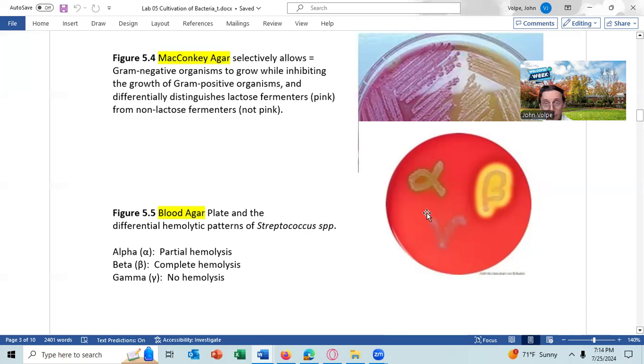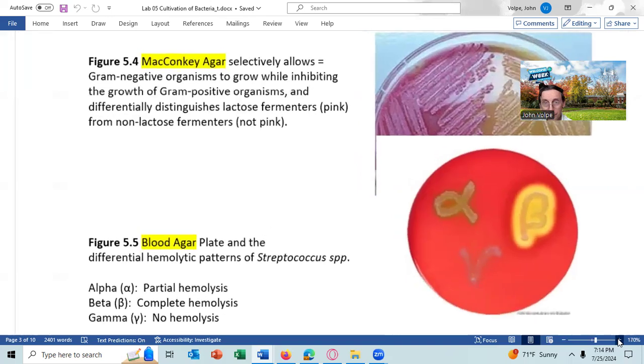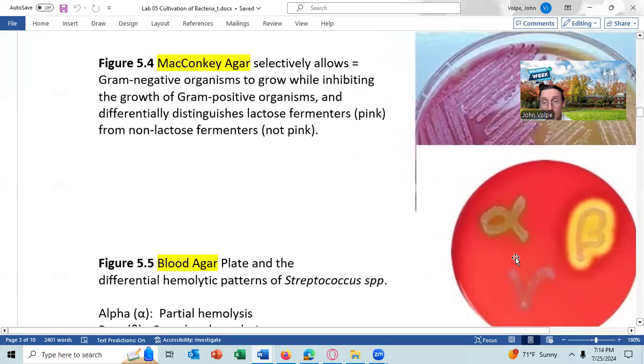There's also alpha hemolysis, and let me blow that up a little. Alpha hemolysis is partial hemolysis, and you can see the red is red up until this dark or greenish ring. It's usually a dark or greenish ring. In this case it is dark, which is shown around the alpha.